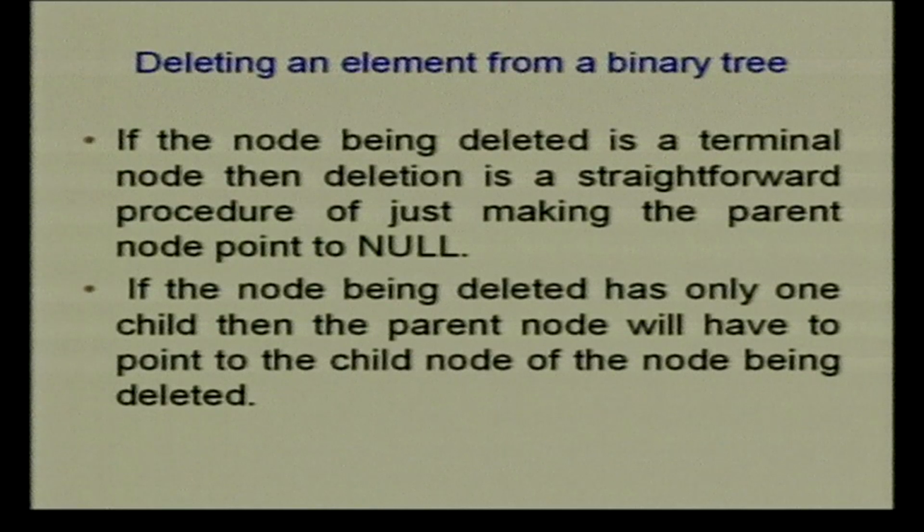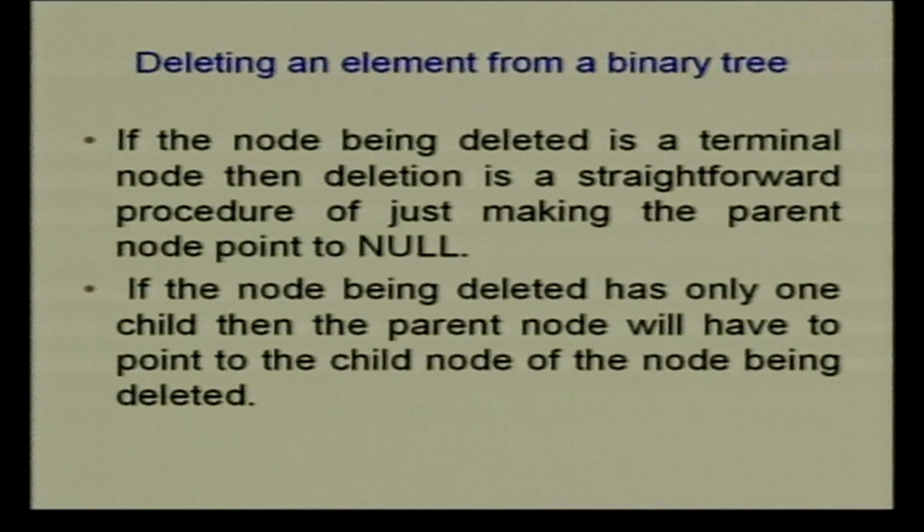If the node to be deleted is a terminal node, then the deletion is a straightforward procedure. You just delete the node. This is like saying that if the node has no descendants or children, then there is no problem, you can just delete it from the picture.